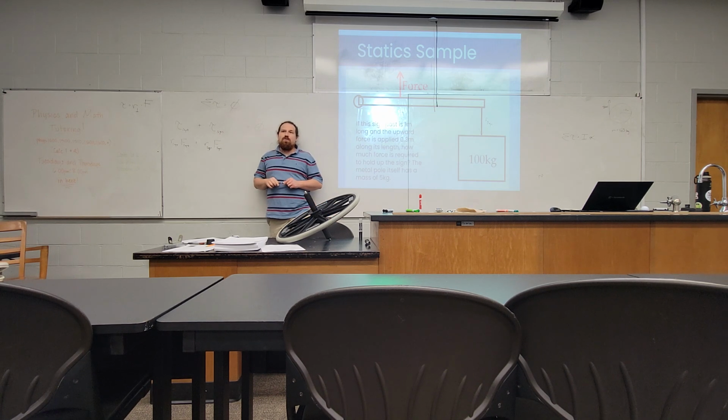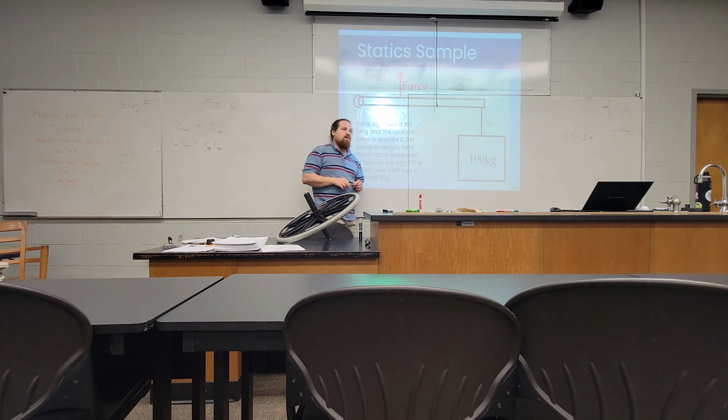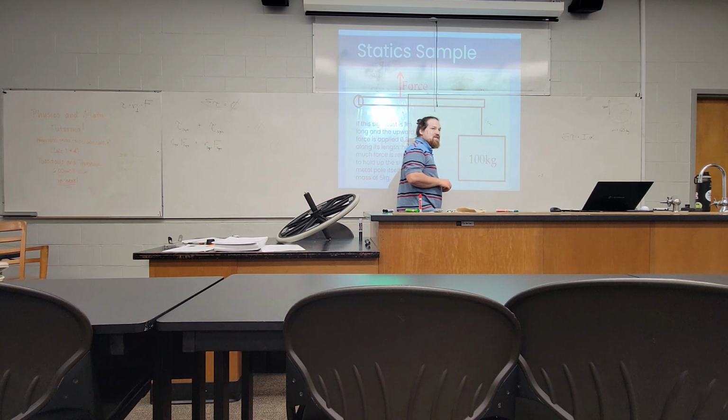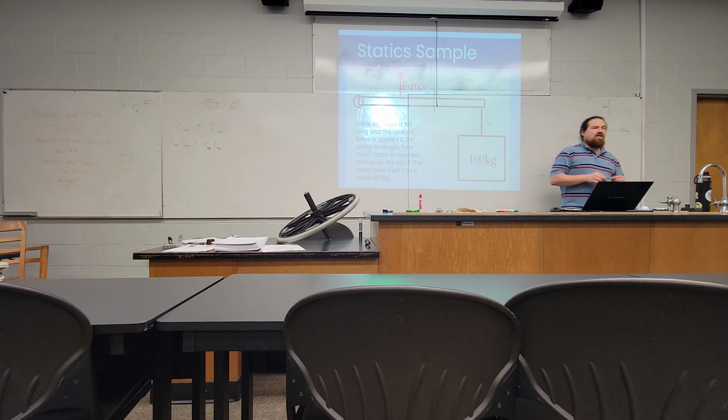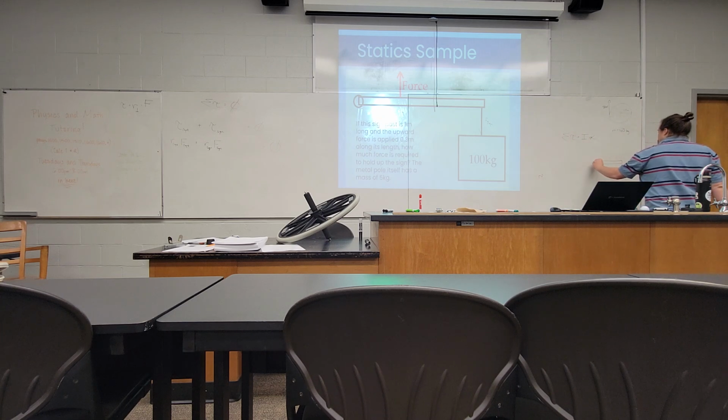Can anyone guess what that torque is? The torque of the pole. The pole on the hinge itself. Yeah, because of the force of gravity, the pole has its own weight. The reason we have to consider that here, where we didn't have to consider that for the seesaw, because technically, if this was a wooden seesaw, this plank of wood would also have weight, but we didn't think of that last time, right?